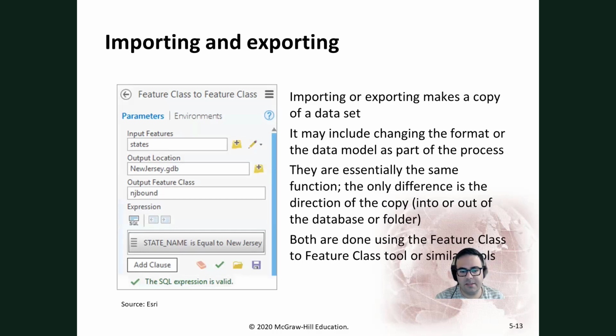If you want to do some exporting, the process that you do creates a copy of the data sets. So if there is a format change, you want to make sure that you are clear on that. You know what is the actual name or what is the location of that. If you use the default location, that is going to be within the geodatabase of the project.